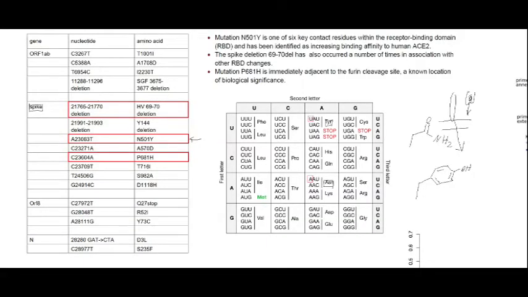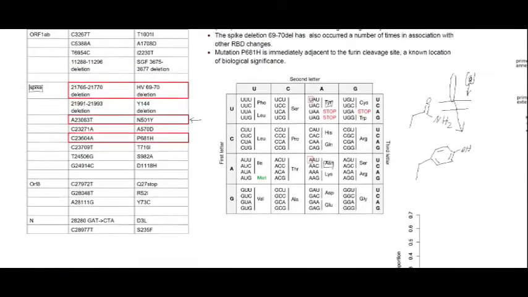And so what's interesting about that is it seems to change, in the actual viral genome, which is an mRNA, the binding of the PCR, or polymerase chain reaction, probes to the viral genome. Up here it just says it has also occurred a number of times in association with other receptor binding domain changes.